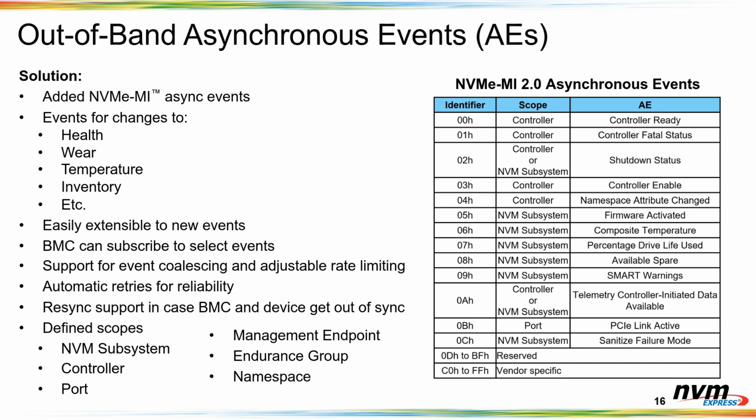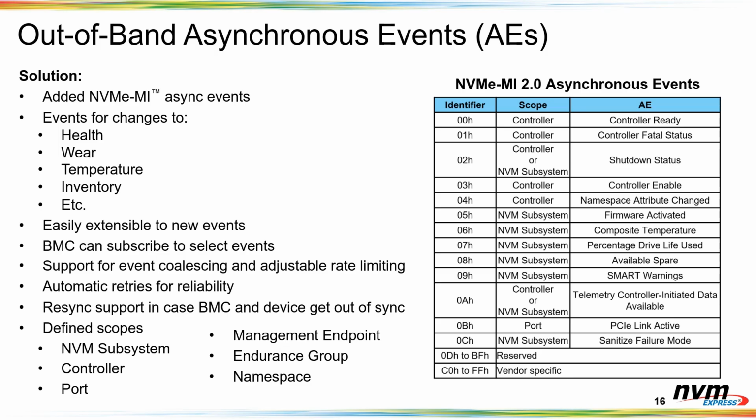The BMC also has the ability to discover which events are supported and subscribe to only the events the BMC is interested in, in order to avoid getting asynchronous event messages for things the BMC doesn't care about. There's support for event coalescing and rate limiting. This can be used to limit the number of async event messages sent to the BMC by transmitting multiple events in a single asynchronous event message versus sending a single event in each async event message.